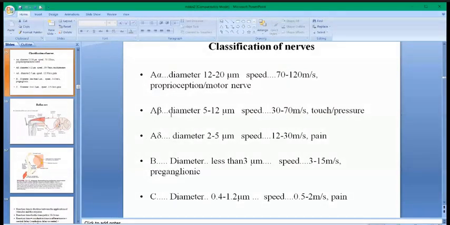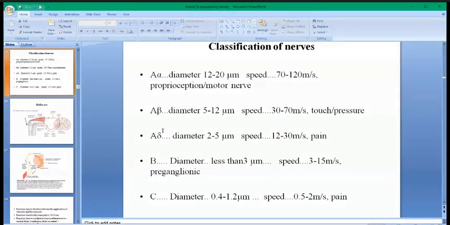A beta nerve is thinner, half, about 6 micrometer, speed is also half, 30, and here it is 30 meter per second, right?